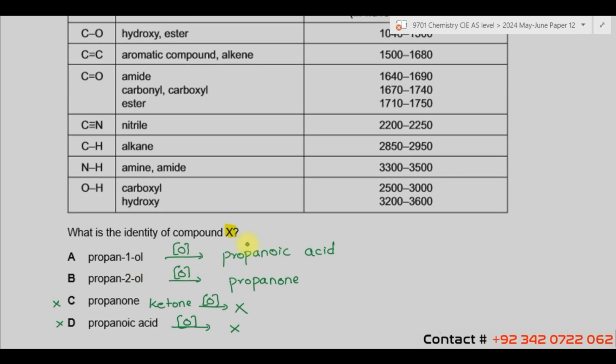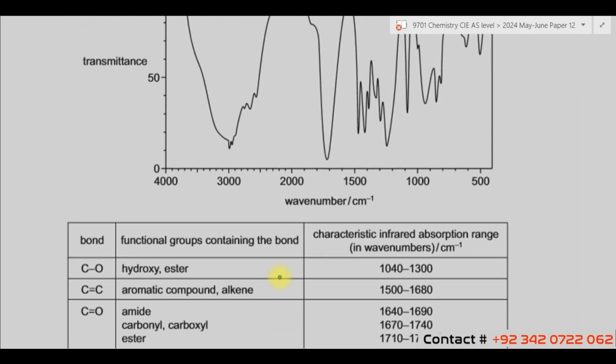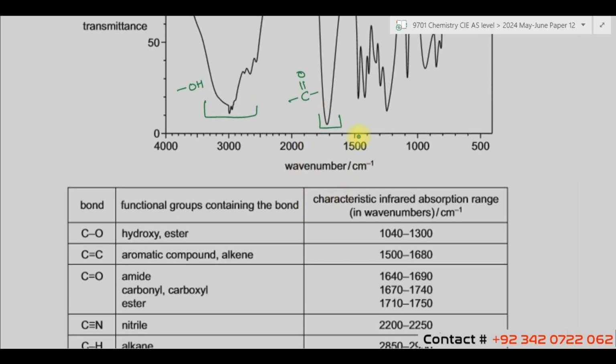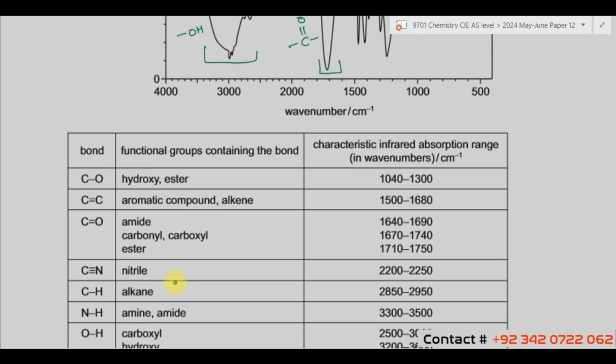So let's see what is present as compound Y. Is it propanoic acid or is it propanone? Let's look into the structure. So we have two main peaks. One is this one, C double bond O, and one is this part, OH. C double bond O is at 1700.